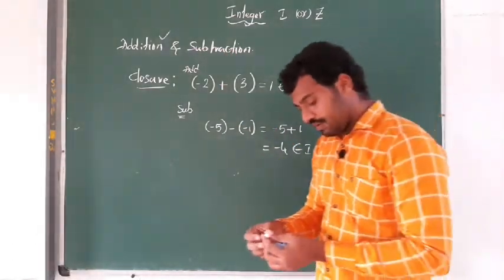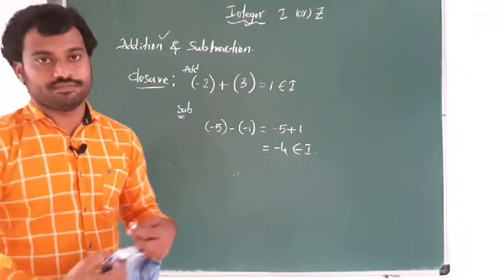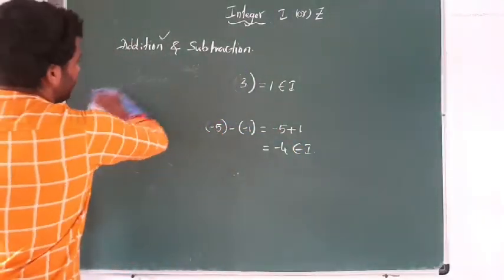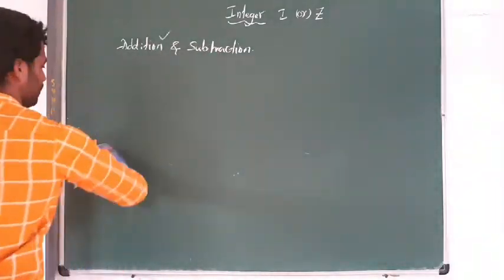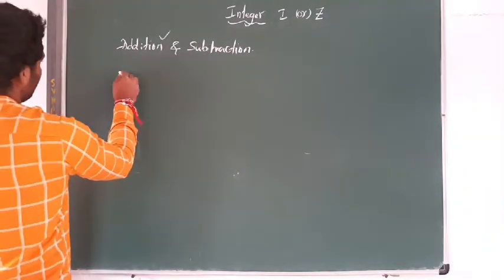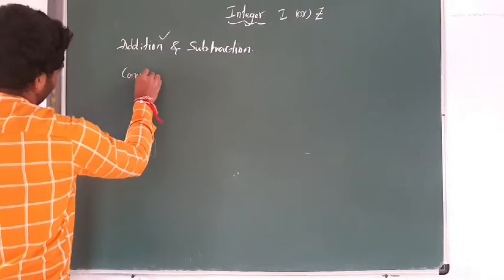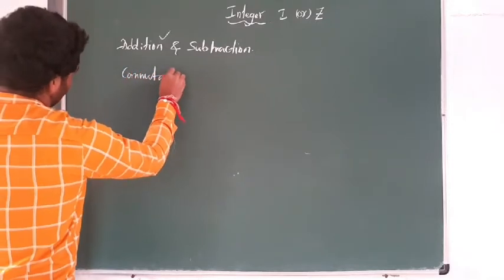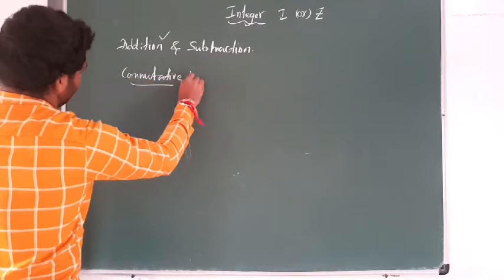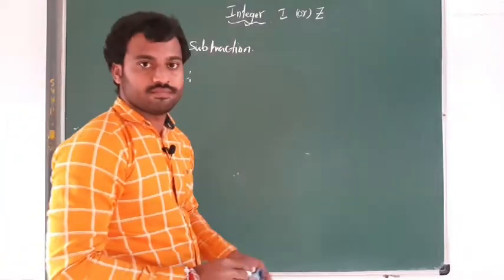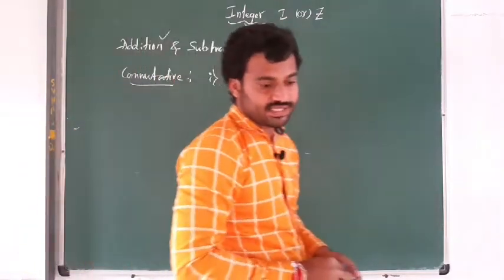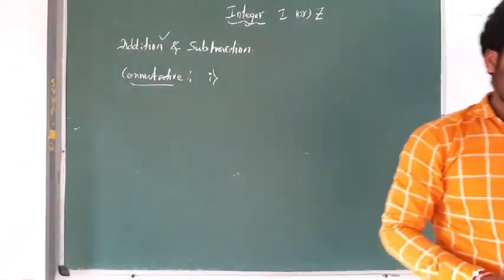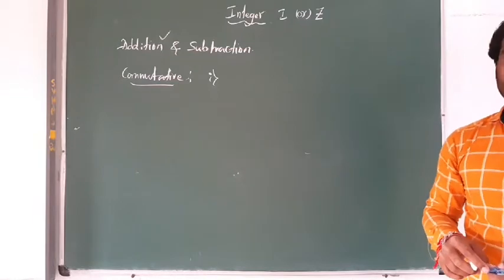Clear or not? Then what about the commutative property? The closure property is satisfied under addition and subtraction. Okay? What about the commutative property? First case for addition and second case for subtraction.